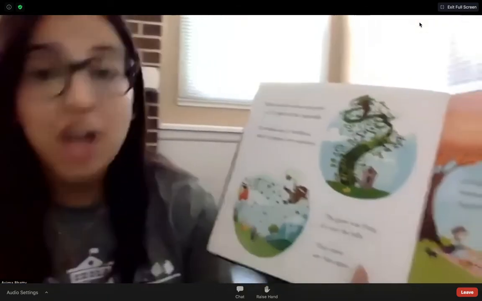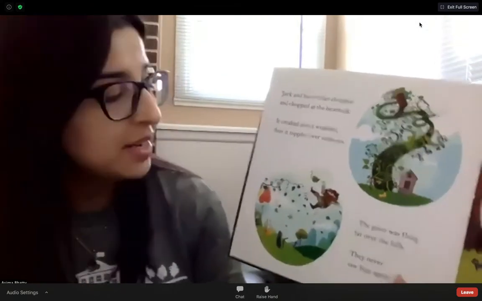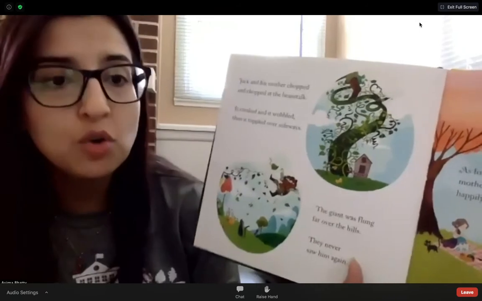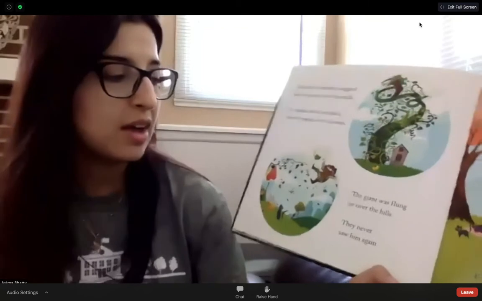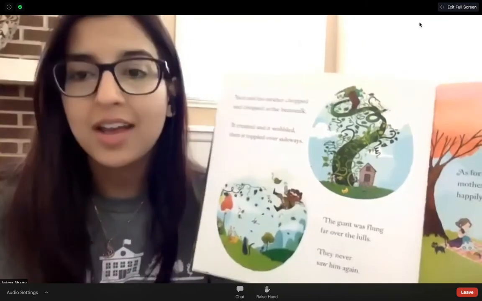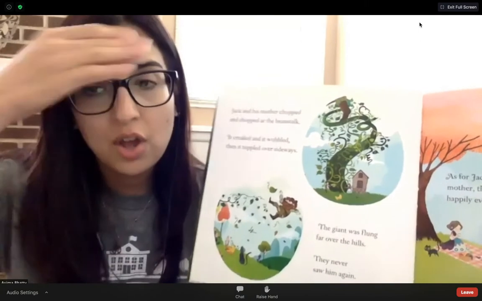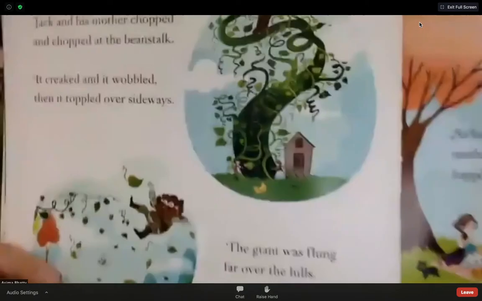Jack and his mother chopped and chopped at the beanstalk. It creaked and it wobbled and it toppled over sideways. The giant was flung far over the hills and they never saw him again. Whew, that was a close one. Oh my goodness.